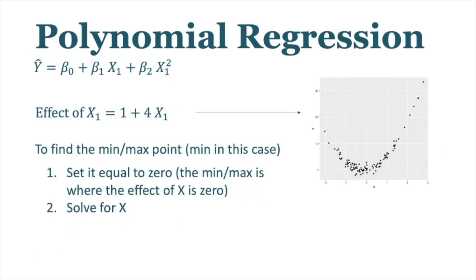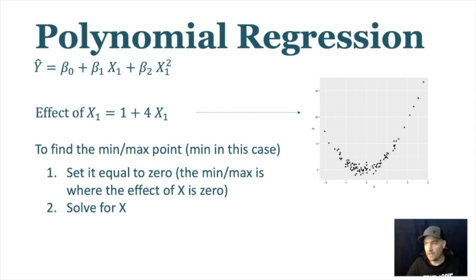With this information, once we have found the effect of x1, we actually can find the min or max point. In this case, it's the min because there's a bottom, not a top to this shape. So the way that we're going to find the min in this case, we're going to set the effect of x equal to 0. Because that is actually the definition of the min or max.